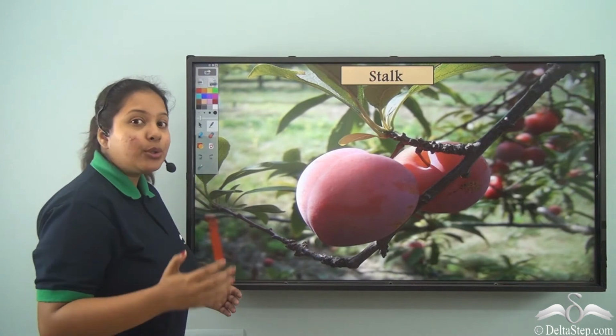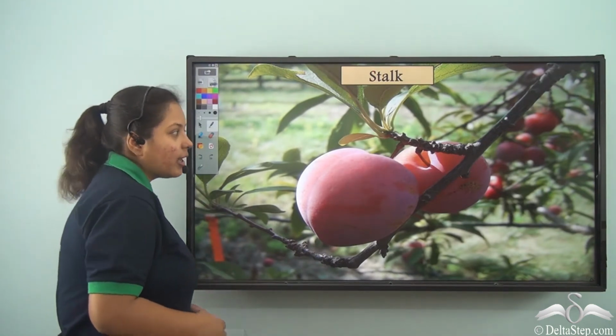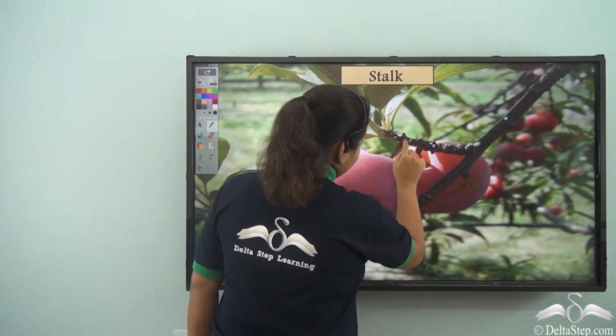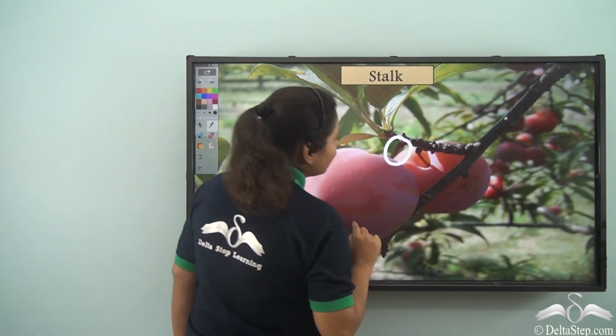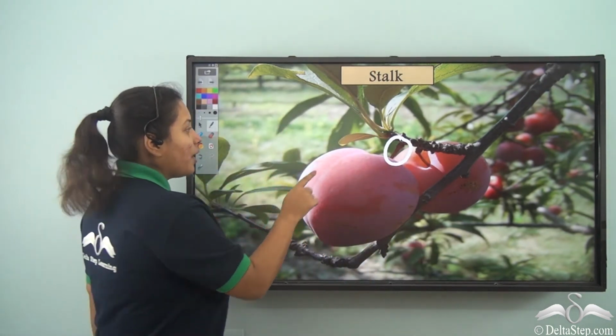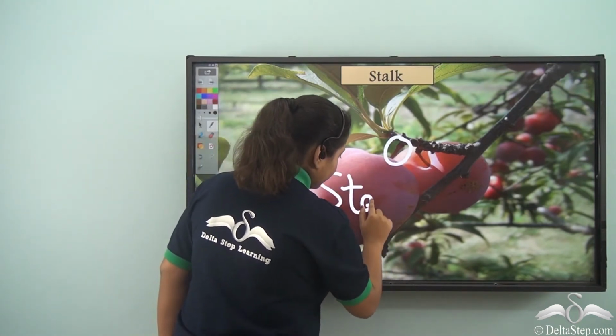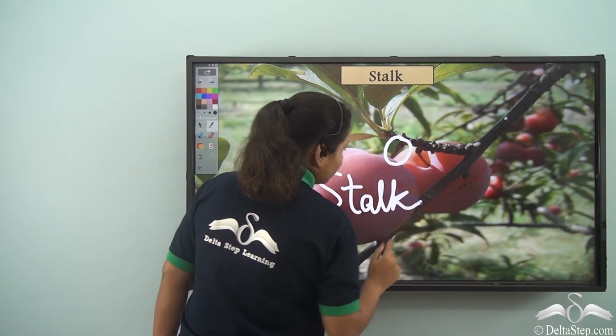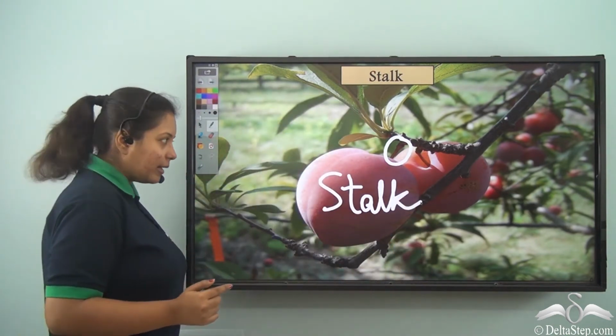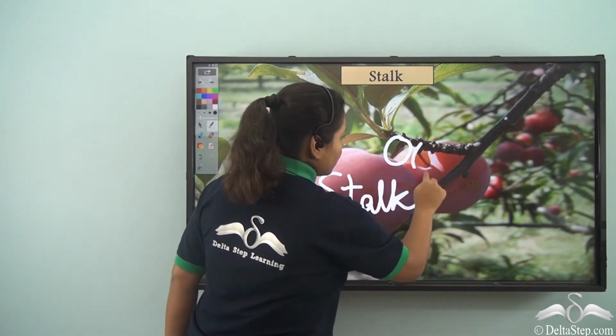Now, how do the fruits remain on the tree? Well, it gets attached with the help of this small thin portion, right? What is this known as? This is known as stalk. So, the fruit gets attached to the plant with the help of a stalk.